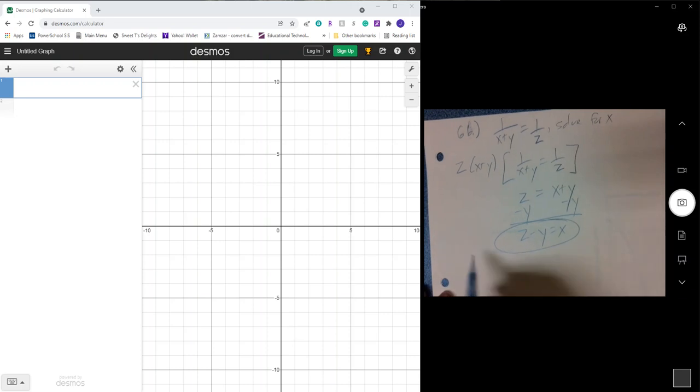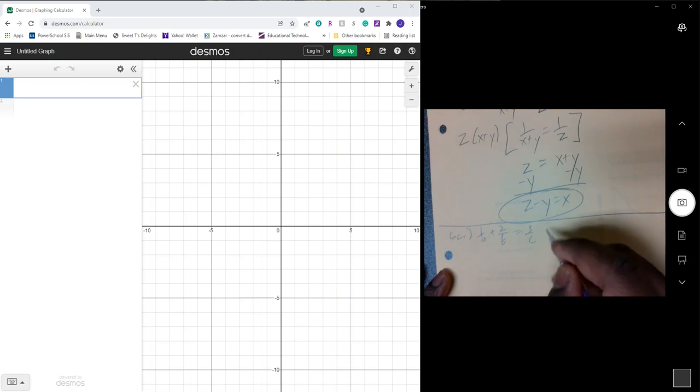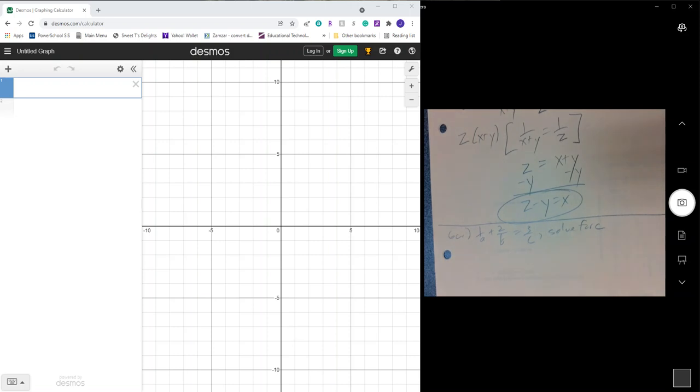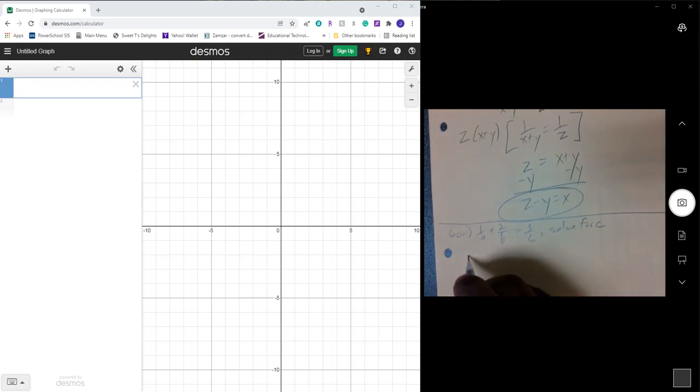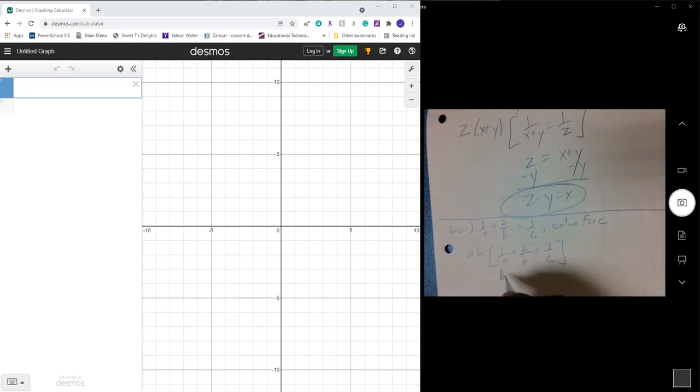Now finally, we come here to 6c. It's 1 over a plus 2 over b is equal to 3 over c, and we're going to solve for c. So we'll multiply everything by the common denominator, which is abc. So the a's will simplify out and you will have bc. The b's will simplify out and you will have 2ac. And the c's will simplify out and you have 3ab.